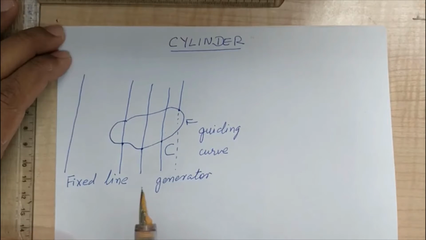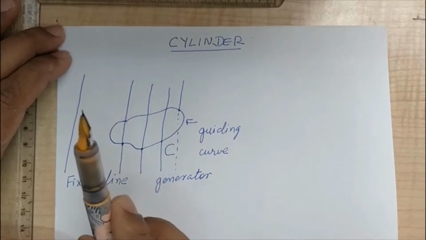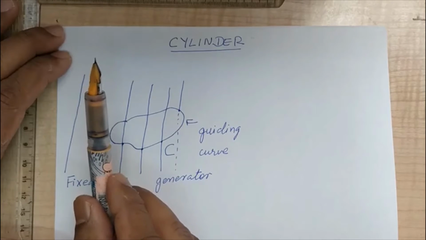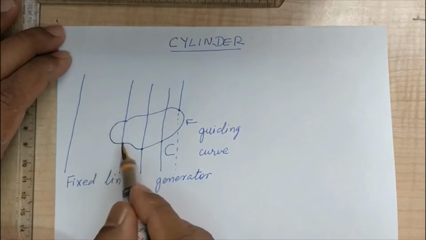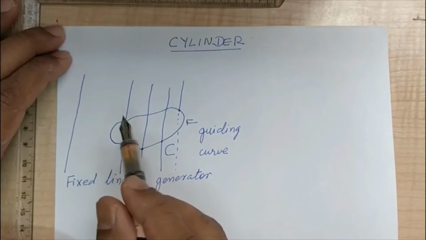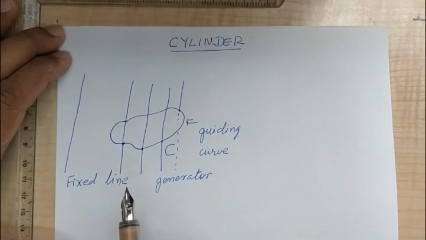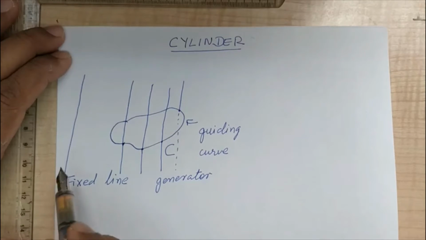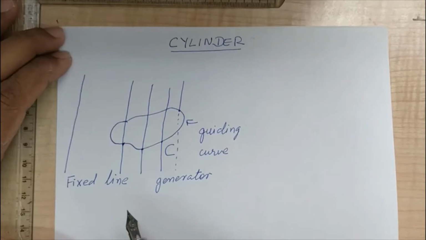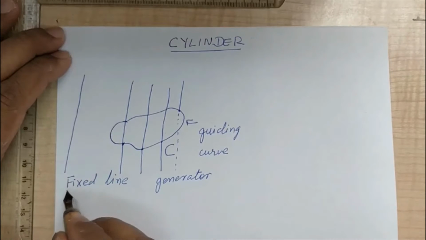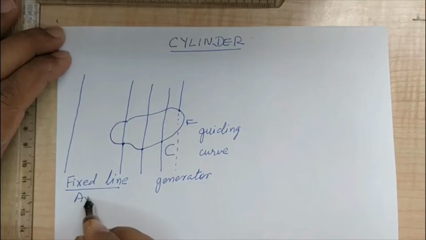So if you are thinking that way, suppose you take this line, the one passing through this point, and you move this line along this curve, always maintaining the line to be parallel to this fixed line. What you get is a cylinder. This fixed line, you can call it the axis.